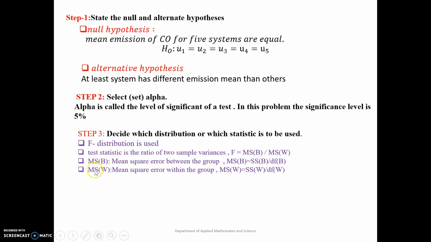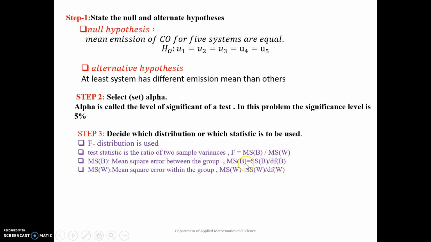And what is MSW? MSW is called the mean square within a group. So you should know the difference between groups and within group. MSW is equal to the sum of squares within group divided by the degrees of freedom within group.